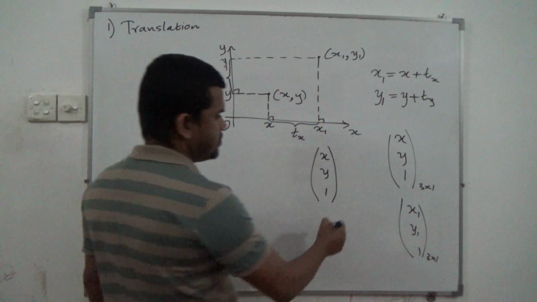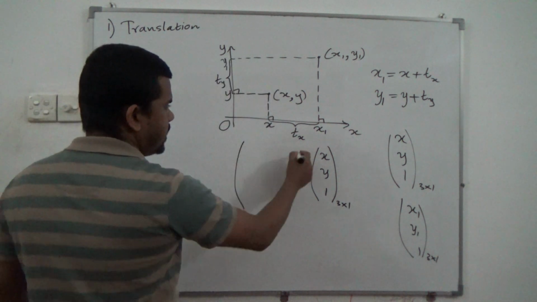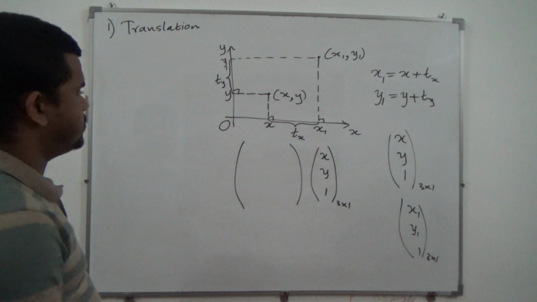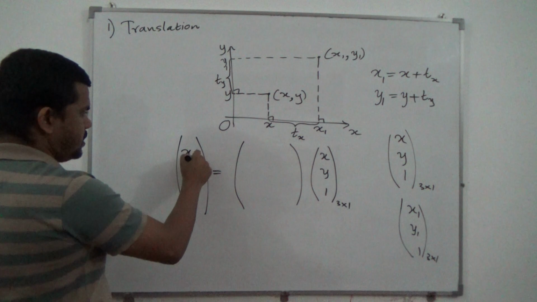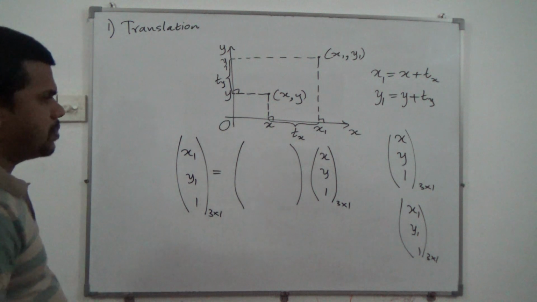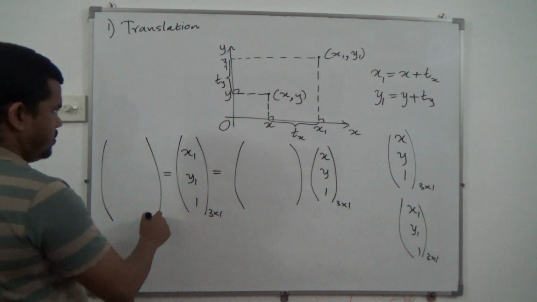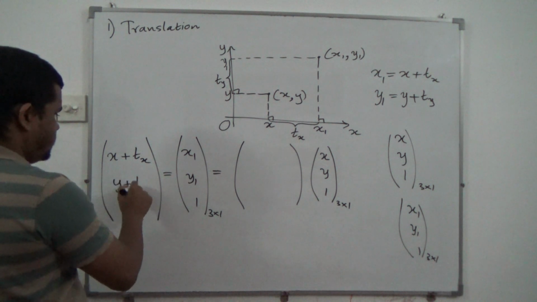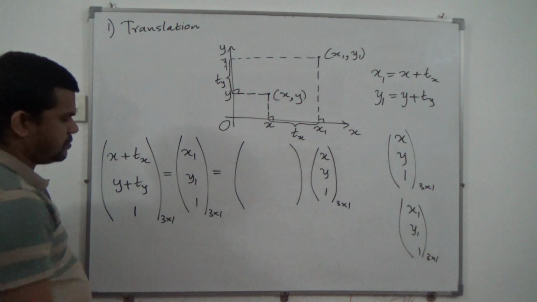This one is here, 3 cross 1. We need to find the matrix. Finally, we get x1, y1, 1. This is 3 cross 1. Also, here now we can write this like x1 means x plus tx, y1 means y plus ty. Here it is 1. This is also 3 cross 1.